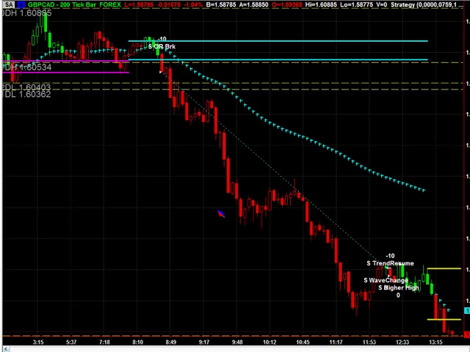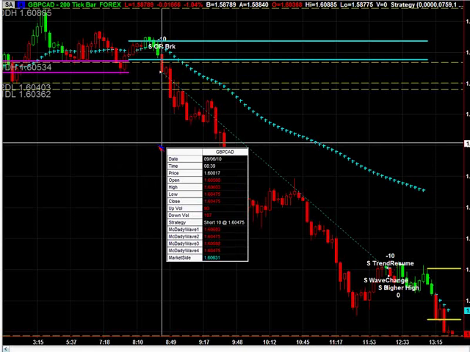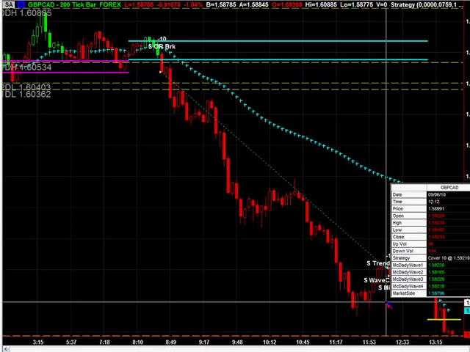This is the trade that we took in the pound CAD. We went short at 160.47 and we covered it at 159.20.